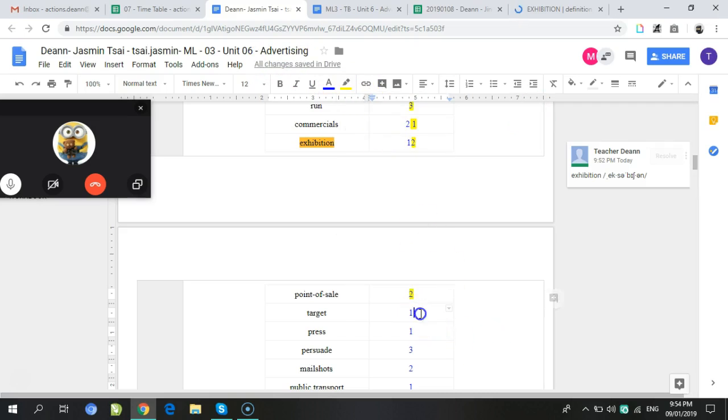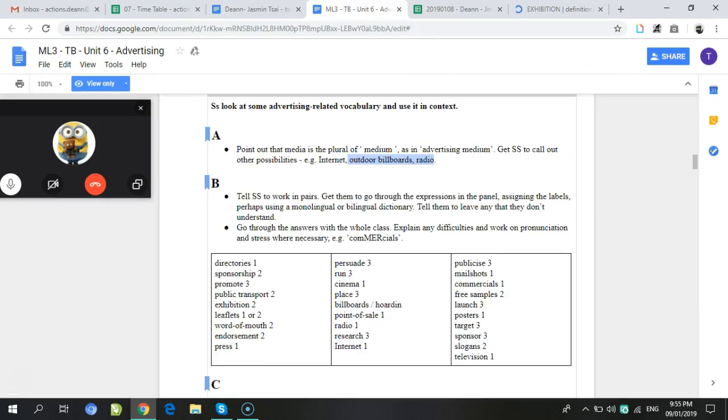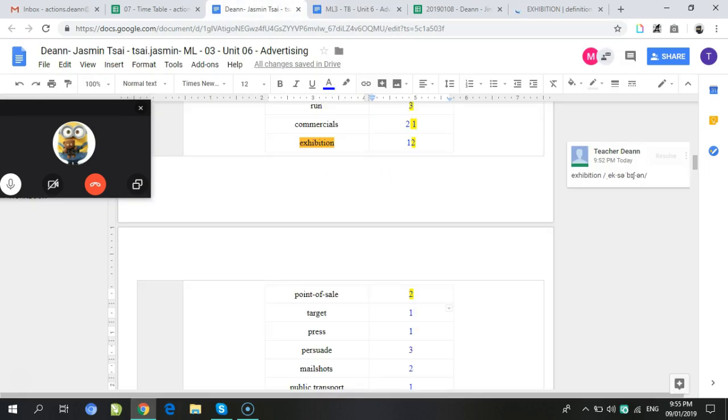Now let us have the last one for this class because we don't have much time left. Next one is target. Target is number 3.